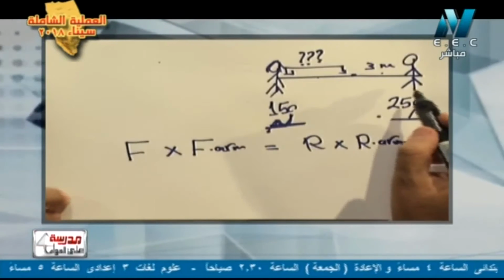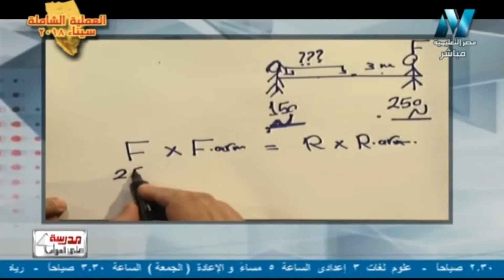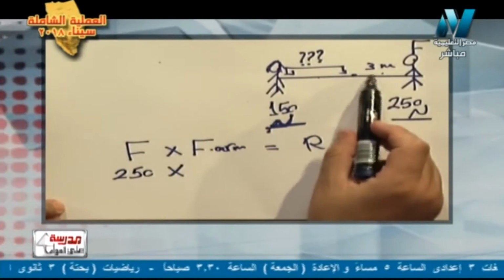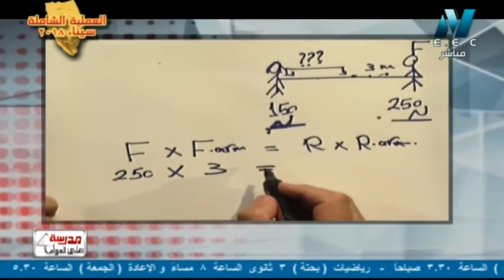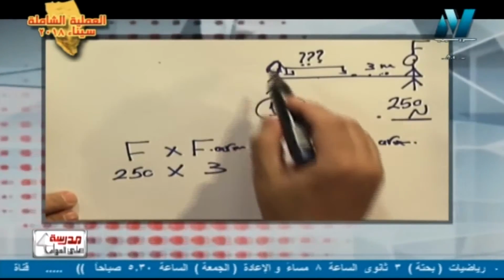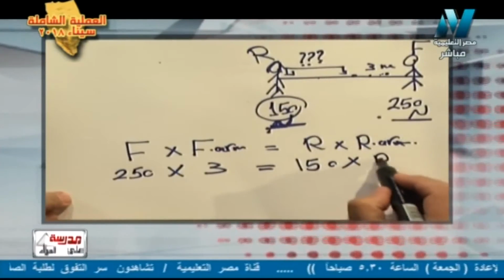So I can say the boy is the effort force: 250 by 3 meters, the effort force arm, equals the resistance. Surely it will be the girl: the resistance 150 by the resistance arm.